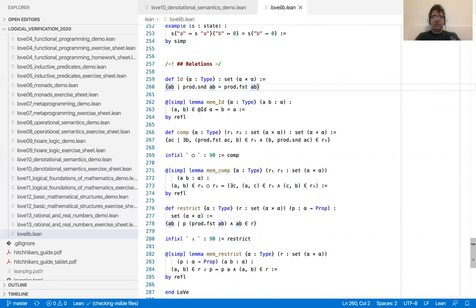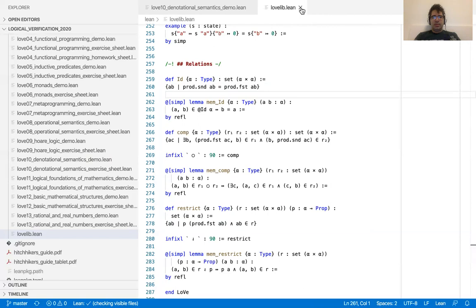So we'll often use names like this for pairs, where the second component of (a, b) equals the first component of (a, b), right? It would have been nice to be able to write something like this. Unfortunately, Lean doesn't parse that, so we have to write the pair and use the selectors explicitly.